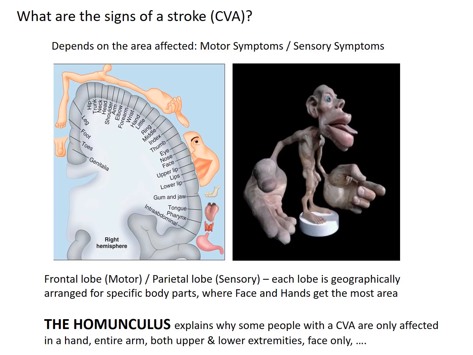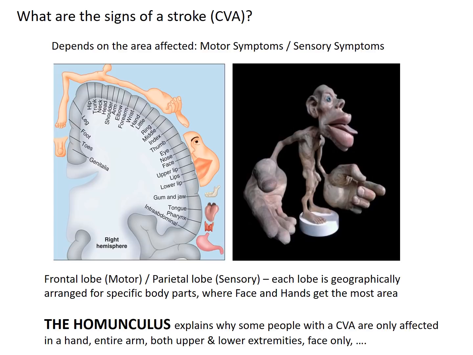The motor and the sensory homunculus say that we've got more region in the brain dedicated to the head and neck and face and the hands than we have to other areas of the body. And it kind of distributes and layers out over the motor cortex and over the sensory cortex. And you can see how that layers out in the graphic.